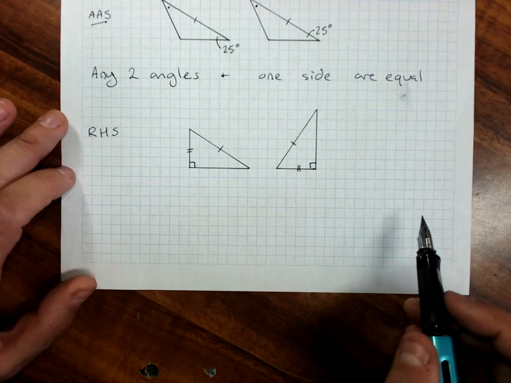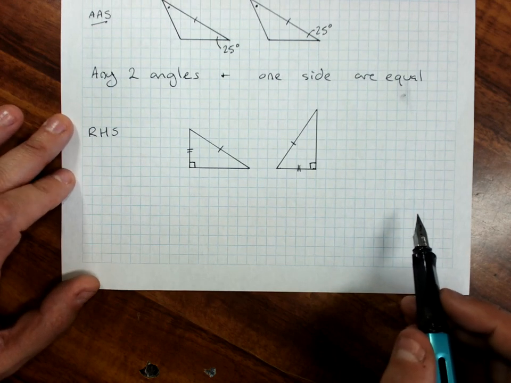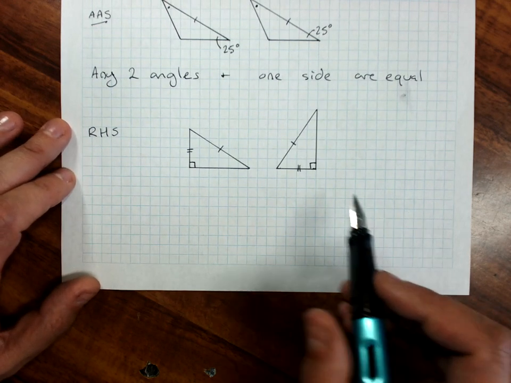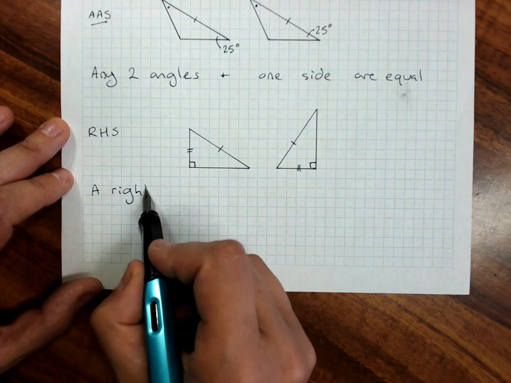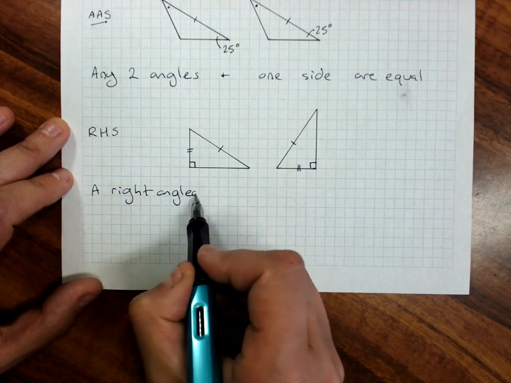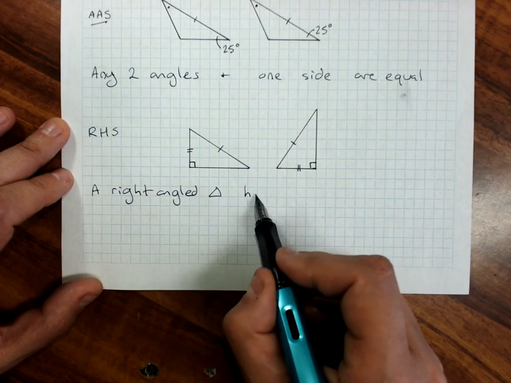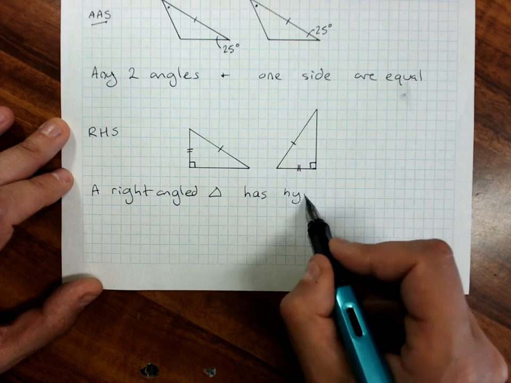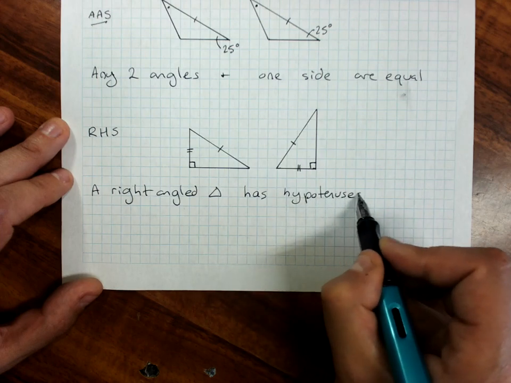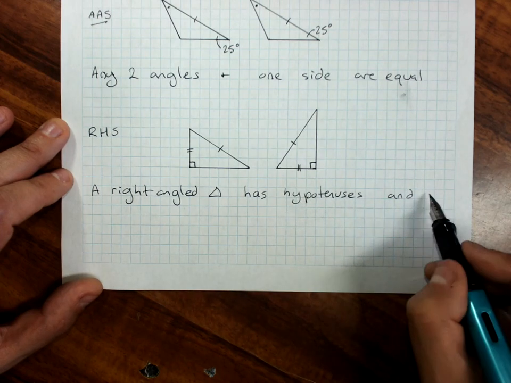And right angle, hypotenuse, side. This is why we needed to know hypotenuse. A right-angled triangle has hypotenuses that are equal and 1 other pair of sides is equal.